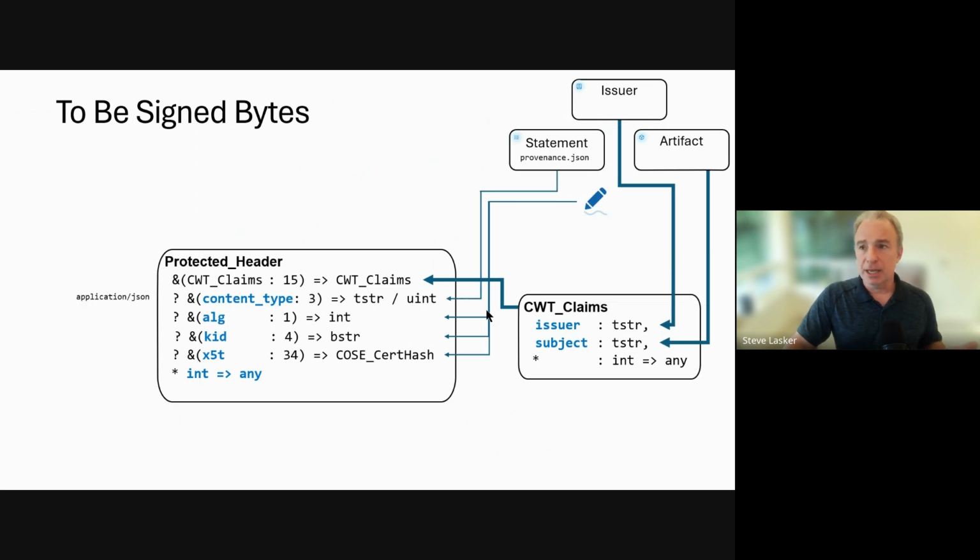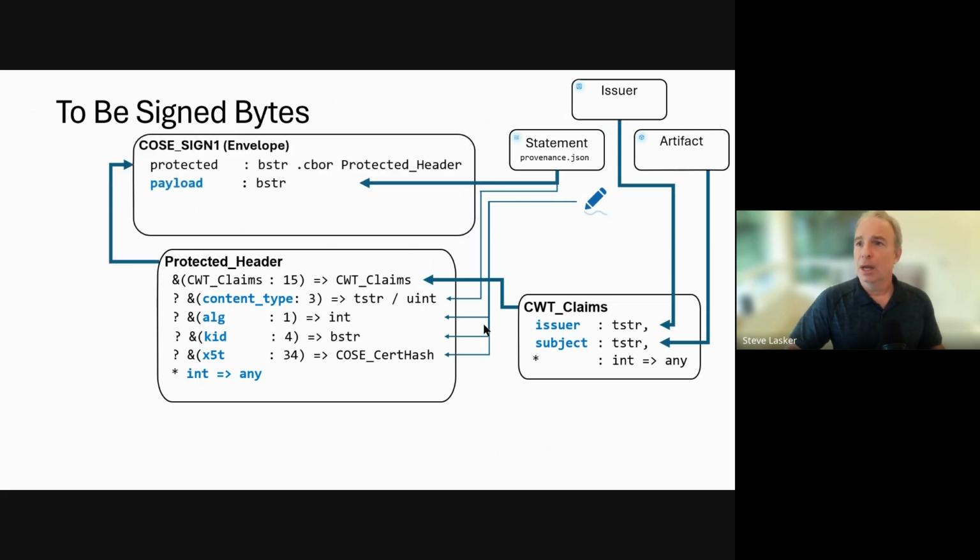And then the statement's content type can be placed in the protected header as well. This turns out to be fairly useful to be able to know how you're going to parse the payload. And then the payload itself, and I'm air quoting because this is the main part of the conversation, would be in the header as well. So you have the protected header and the payload. Those are the to-be-signed bytes.